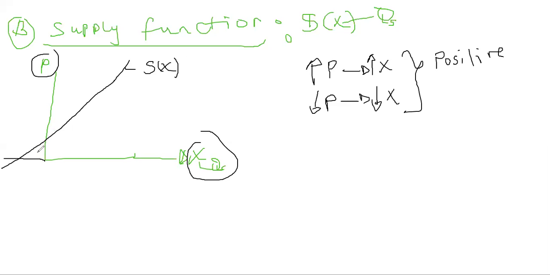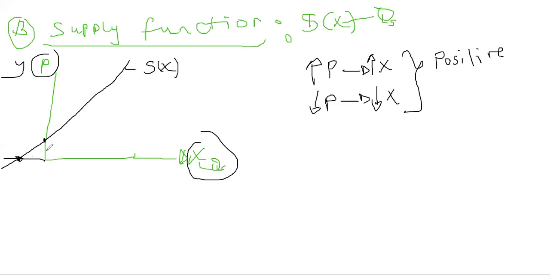We need to know this intercept and also the q-intercept. This is the price intercept. In mathematics, normally we have y here, so this is the y-intercept. We need to know how to find this. This is the x-intercept, and we need to know how to find this. Normally the x-intercept for supply is always here. We will talk about this and take some practical examples.